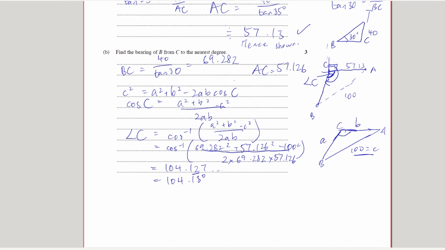And now we're not done yet, because the bearing from C, A is here, C is here, and B is somewhere here. We only found this angle, so now we have to add it to 90 degrees to find the total bearing. So now the bearing is going to be 194 degrees to the nearest degree.